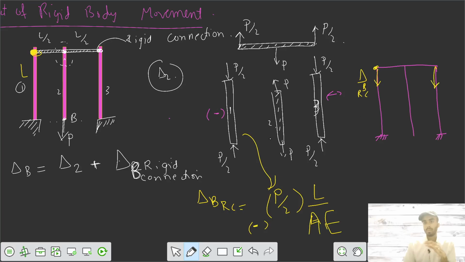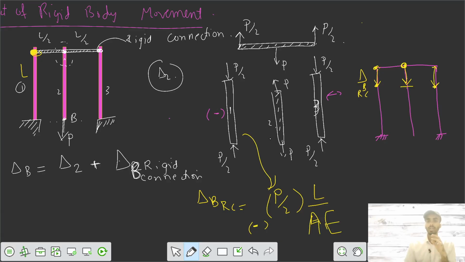Now if this joint is moving to this point and this one to this point, then for member 2 there is no option for this joint. It can't go anywhere else except that it has to settle by the same amount because of the rigid connection.